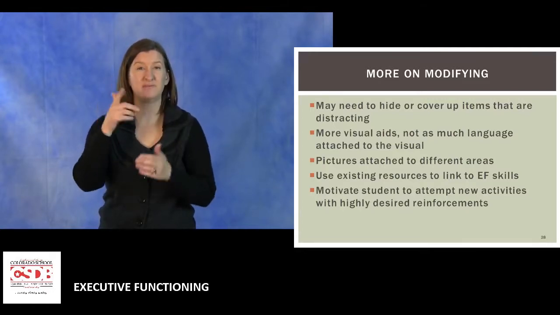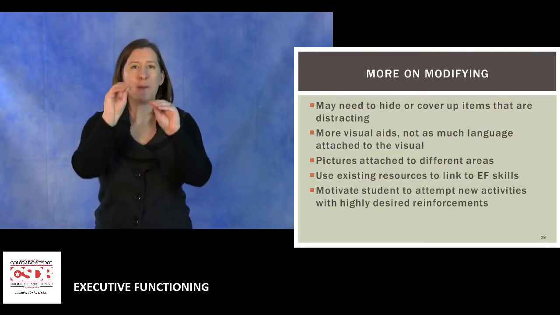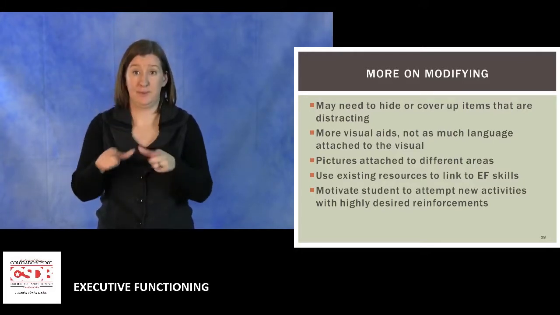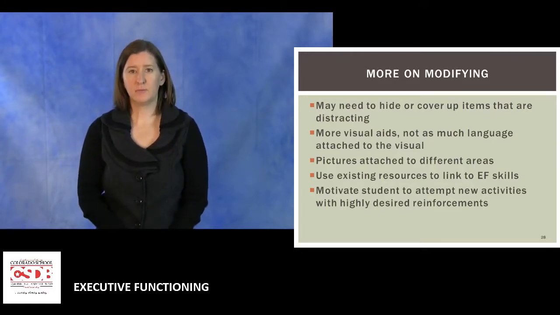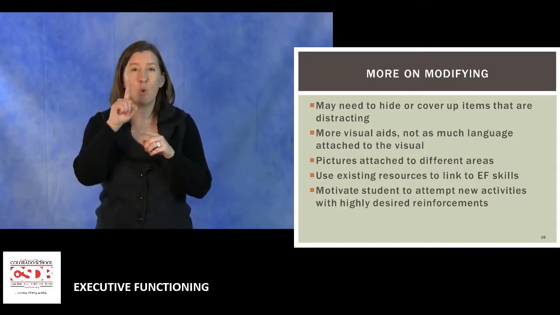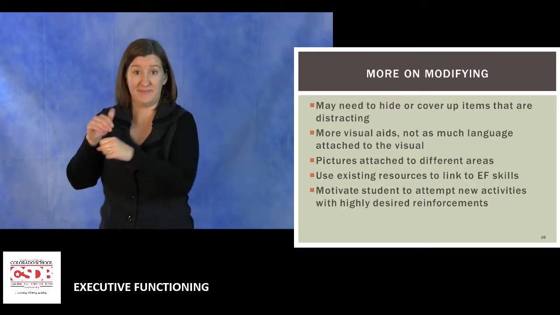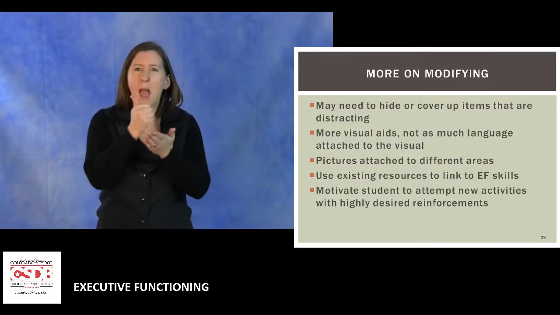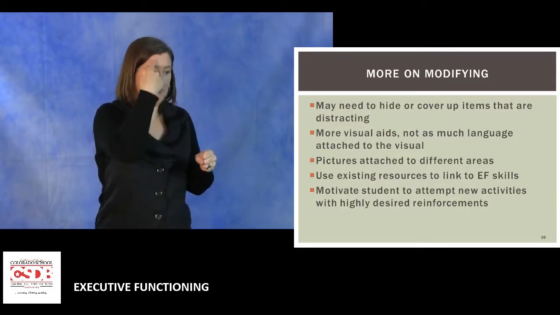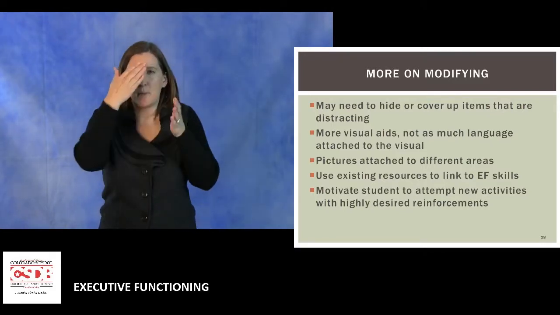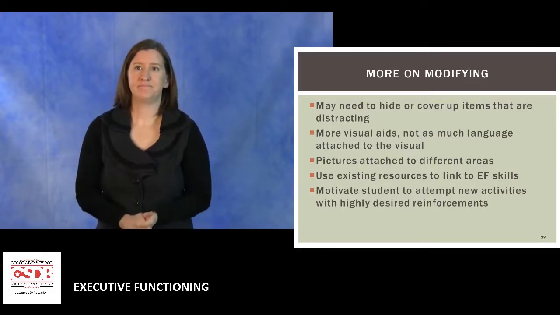And try to use more visual aids. Don't use too much language that's not concrete. Instead of words for the areas of the classroom, maybe put pictures. Help them know that this area is for playing, and put cars there, to help them organize their thoughts.